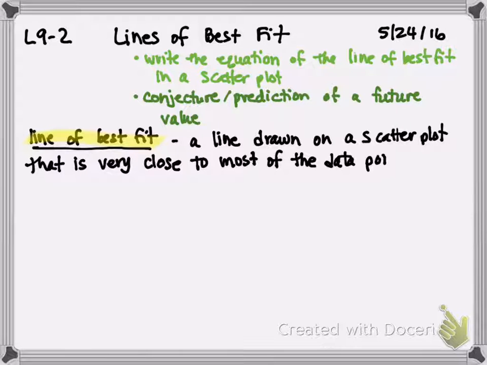So here's the interesting thing about this line. This line may not actually pass through any of the points that we graph. It may pass through only one. It may pass through a whole bunch of them. It just kind of depends on the situation, all right?